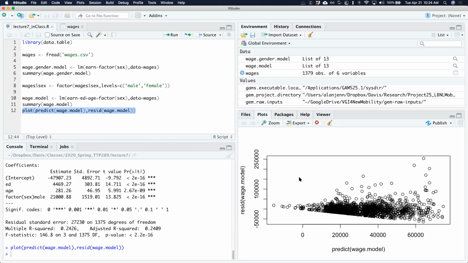In this particular case, there's a pretty obvious reason for that, and that's having to do with the fact that you can't actually have negative wages. So there's nothing in the data where it's below zero, whereas the fit might have a line that's going into the negative.